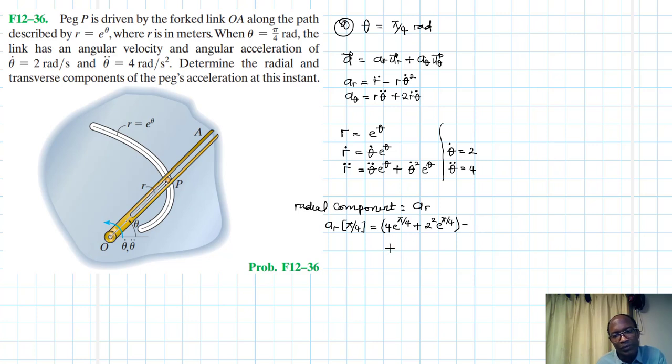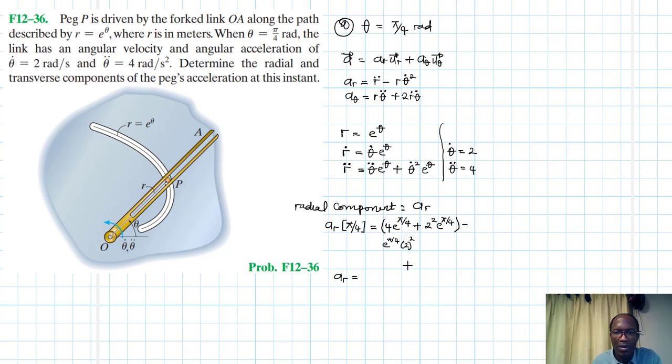r theta dot squared. r is e to the power pi over 4, and theta dot is 2 to the power 2, like so. Therefore our a_r is just going to be equal to, this is a 4 and a 4, and this is a 4.